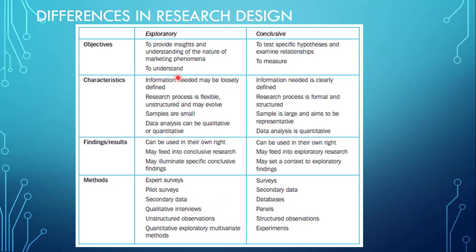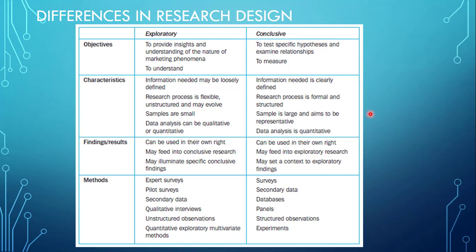So these are the basic differences that exist between exploratory type of research design and conclusive type of research design. Sometimes they use exploratory research as problem identification research, and conclusive as problem solving research.